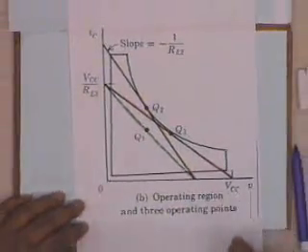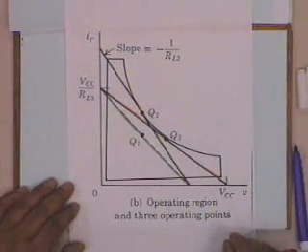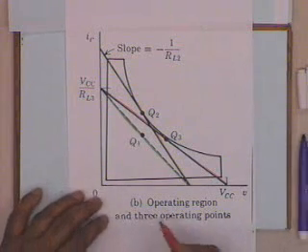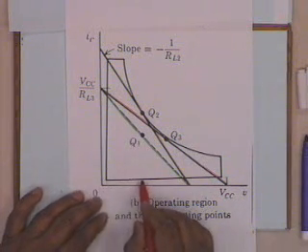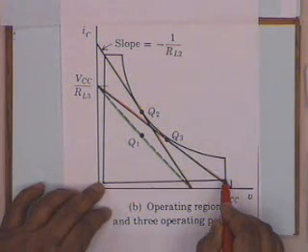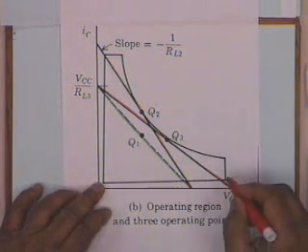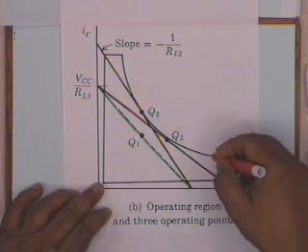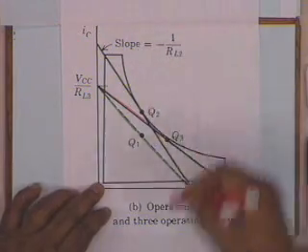Is this okay? You see, our boundary is this. This one, who sets this? IB equal to 0. Who sets this maximum? VCE. Who sets this hyperbola? Power dissipation.